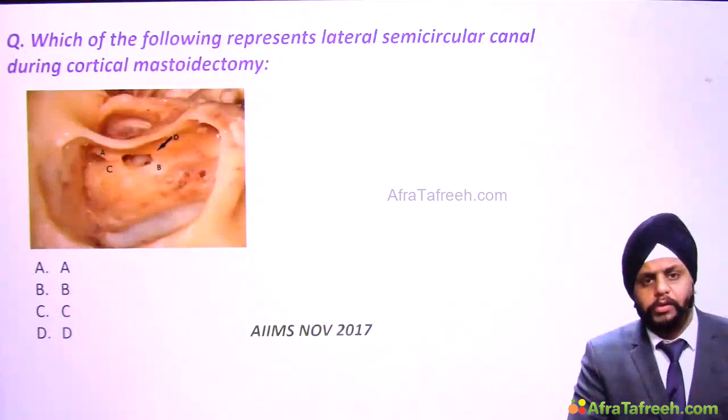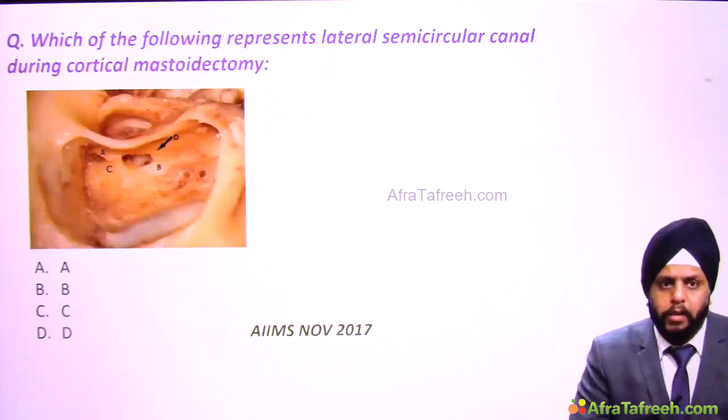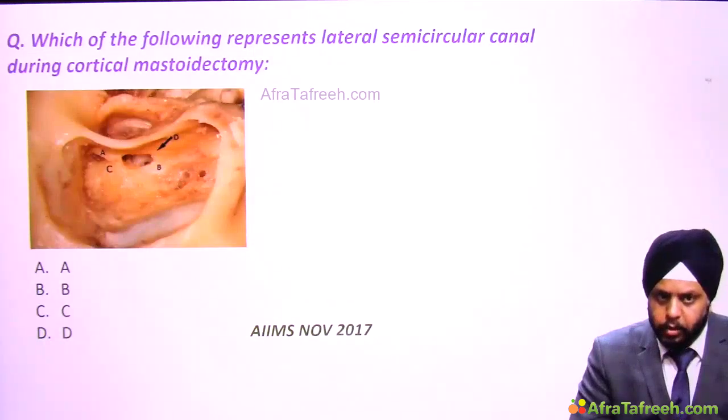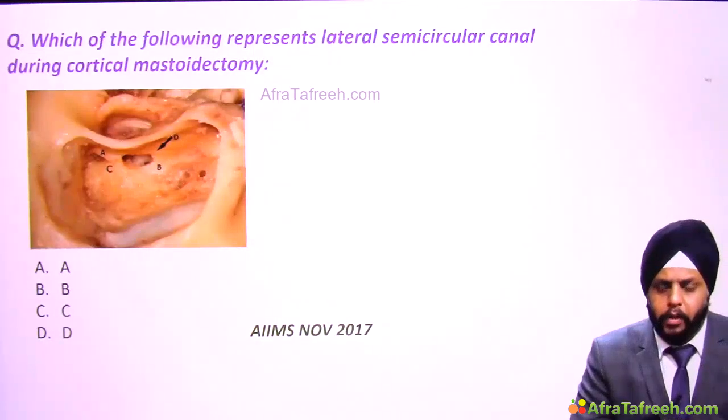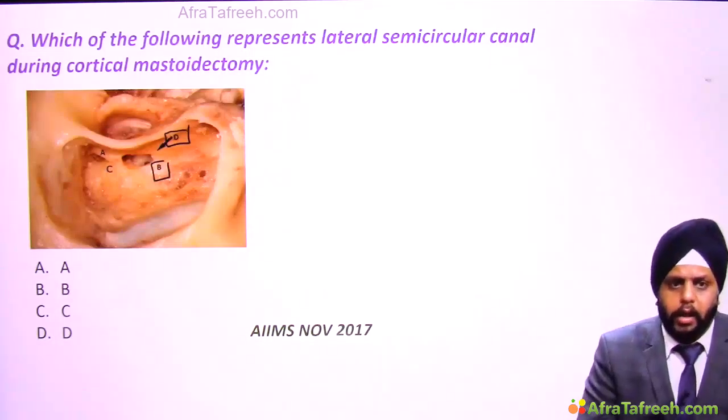Let's go to this question. This question was asked in the AIIMS November 2017 exam. Which of the following represents the lateral semicircular canal during cortical mastoidectomy? We'll talk about cortical mastoidectomy, but they have used the same image and you can see over here the B structure I told you is the facial nerve, the branch coming out of it, D, is the chorda tympani.